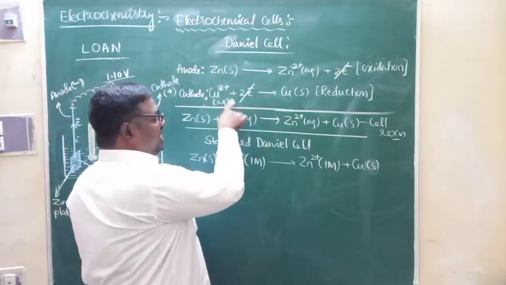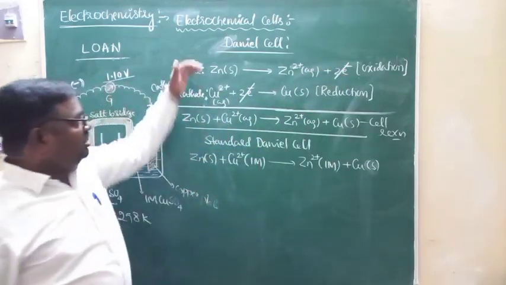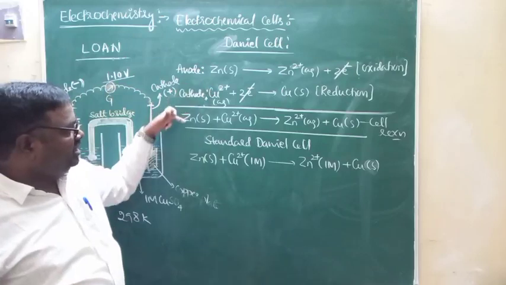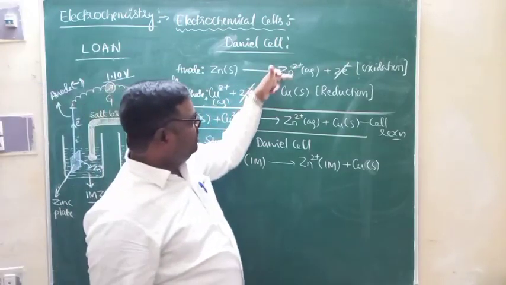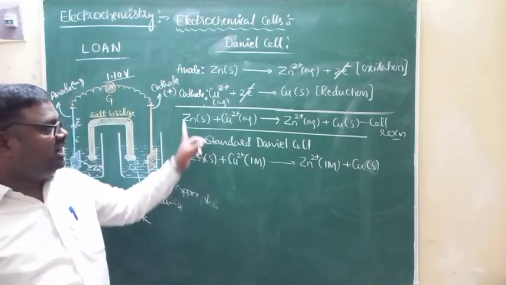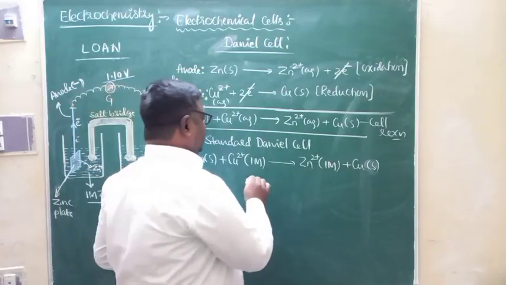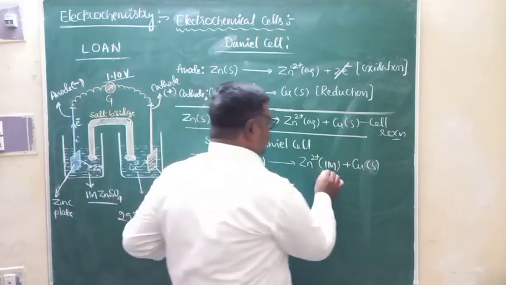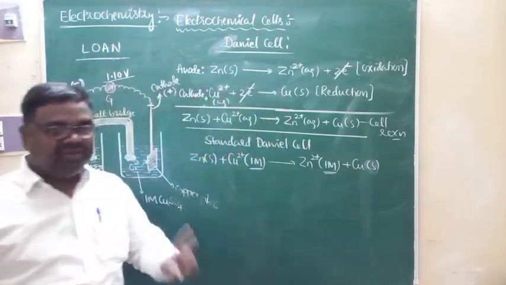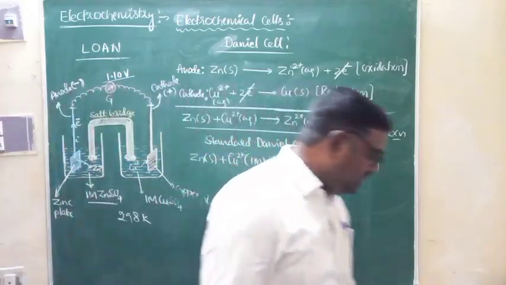Electrons are on the reactant side here and on the product side here, so they cancel. This is what we call the overall cell reaction in the Daniell cell. When I say standard Daniell cell, you must mention the concentration of ions as 1 molar and temperature as 298 kelvin. Okay? Keep this in mind.